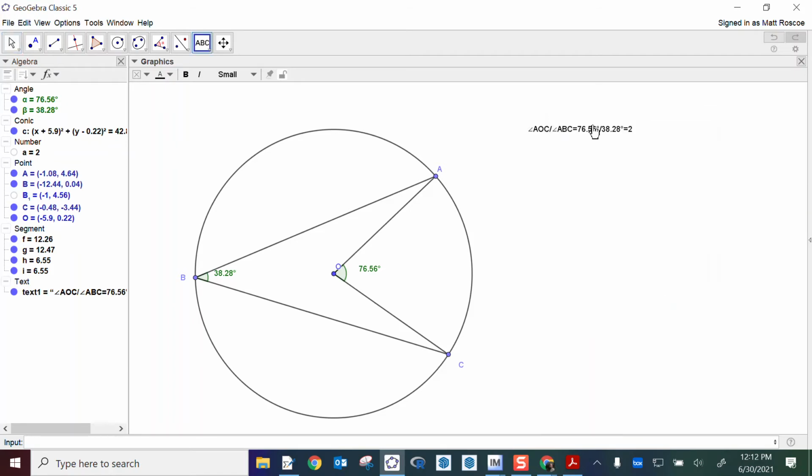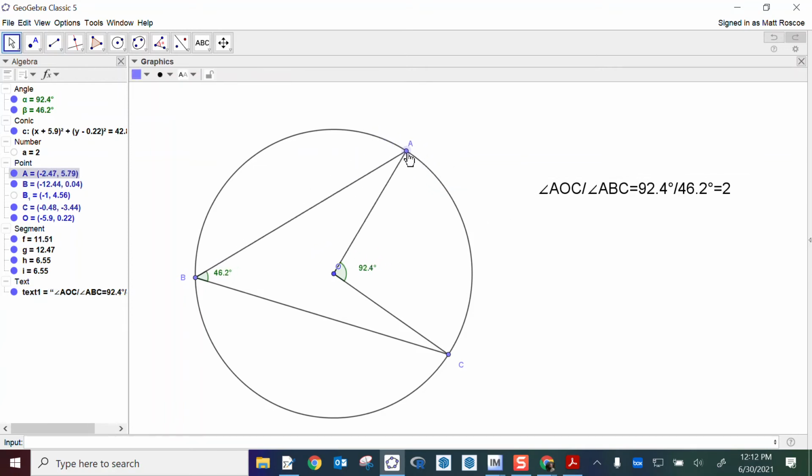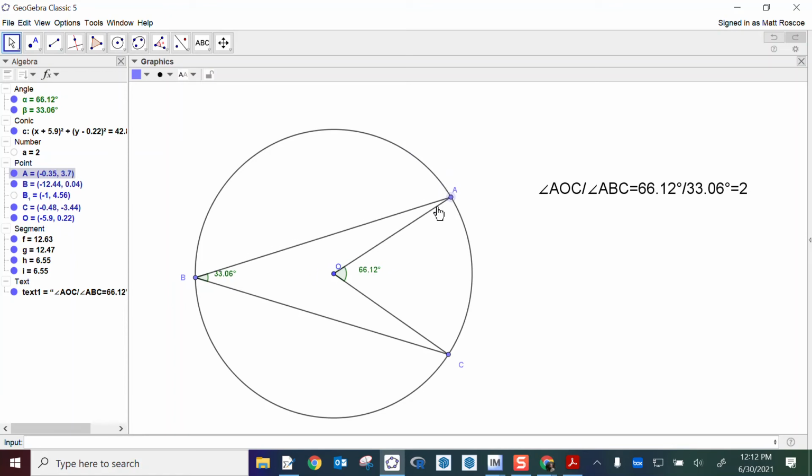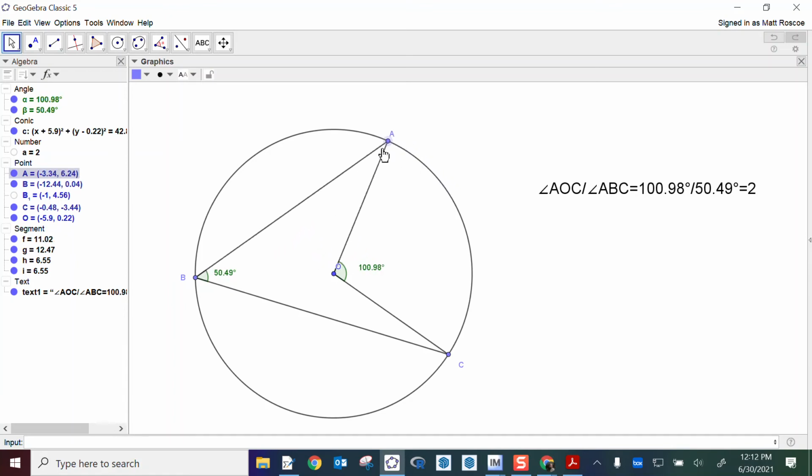Hit OK, and you get this text box. That now can be made bigger. Let's make it a little bit bigger. There we go. But what's neat about this is it's dynamic, right? Look at that. Isn't that cool? So we can watch how those angles are changing over on the right rather than read on the left. But you get the idea.